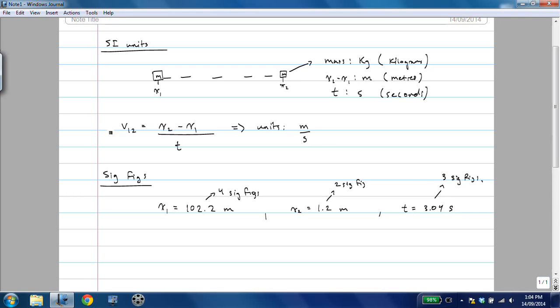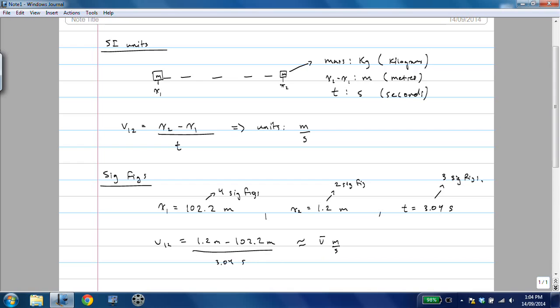When we compute the velocity here, so v12, we get 1.2 meters minus 102.2 meters over 3.04 seconds equals some value. I'll call it v bar in meters per second.